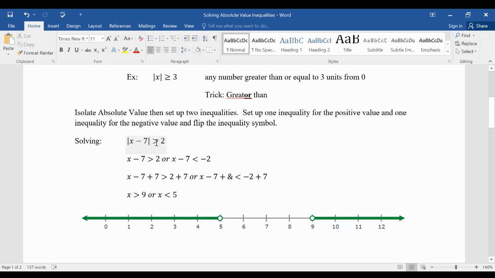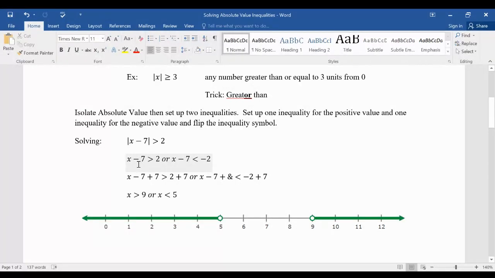Now, this is a greater than, so I'm going to use the word or. Okay, then we're going to take what's in the middle, x minus 7. We're going to flip this inequality, and we're going to change the sign. So we're going to solve for the mirror image on this side of the number line. So realize the greater than is heading in this direction, and the less than needs to be heading in that direction, the mirror image, okay? Now, I know this looks a little confusing in this line of work.